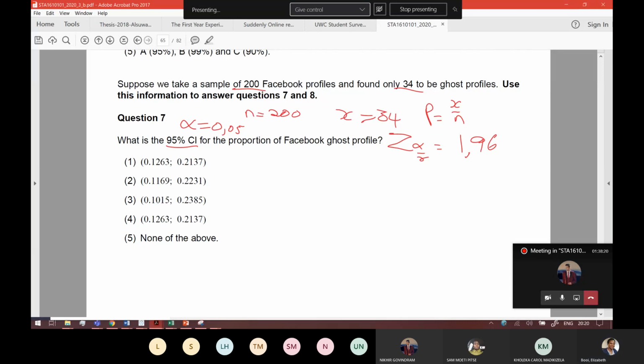I told you, they like using the 95% confidence interval, so you need to know that for 95% confidence the critical value is 1.96. Then you need to calculate p plus or minus your critical value times the standard error, the square root of p times 1 minus p divided by n.